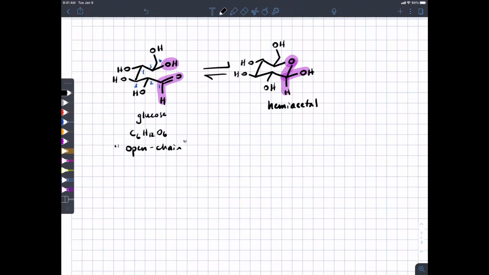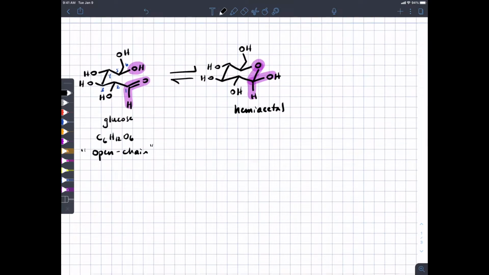Now, students in general, as I've noticed in the past, get distracted by rings. I feel like you see a ring and immediately your brain is like, oh my gosh, what do I do? That's why the skill you want to develop is the skill to take a deep breath and focus on the key functional groups.